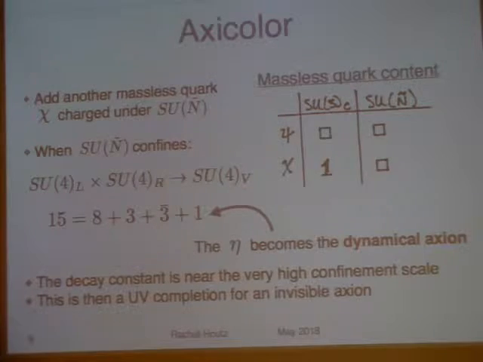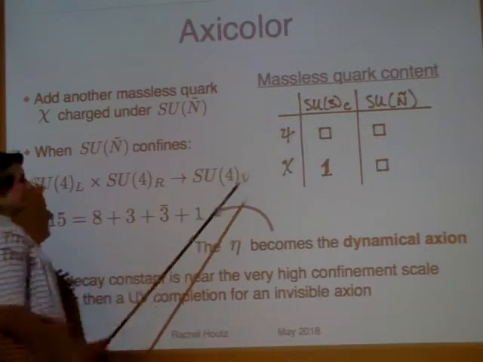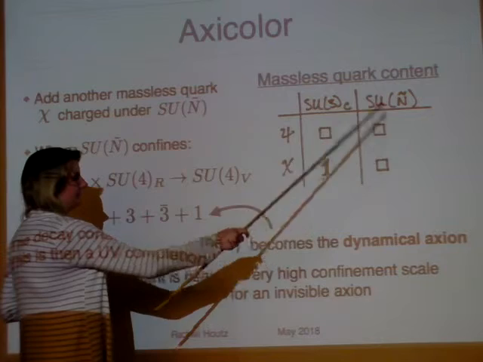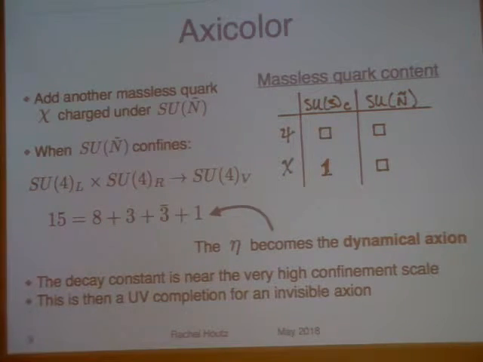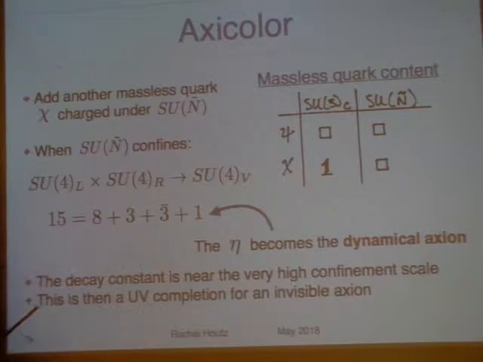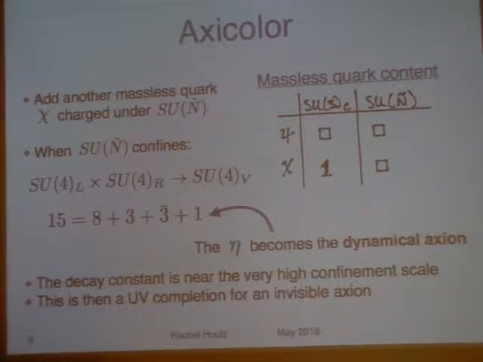What they did is set their decay constant to be the confinement scale of SU(N) tilde, which they set to be a very high confinement scale. And they end up with exactly the same invisible axion parameter space, a low mass axion and a high scale for the axion. This is a UV completion for the typical invisible axion model.